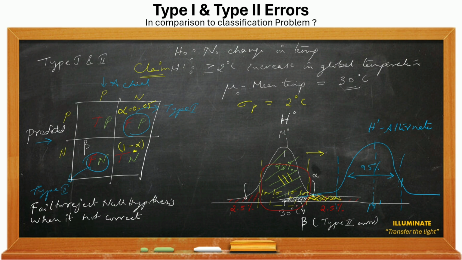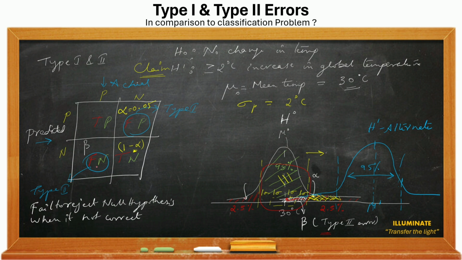When the temperature has actually increased and we say we accepted the null hypothesis, we are making an error. This small area beta is the probability where we will make the type 2 error. So that's how it is coming as type 2 error, beta.